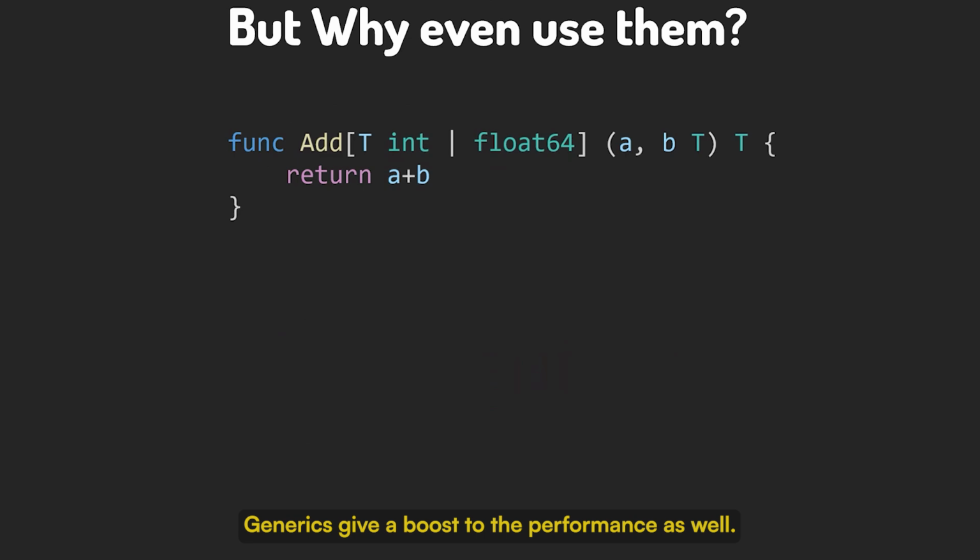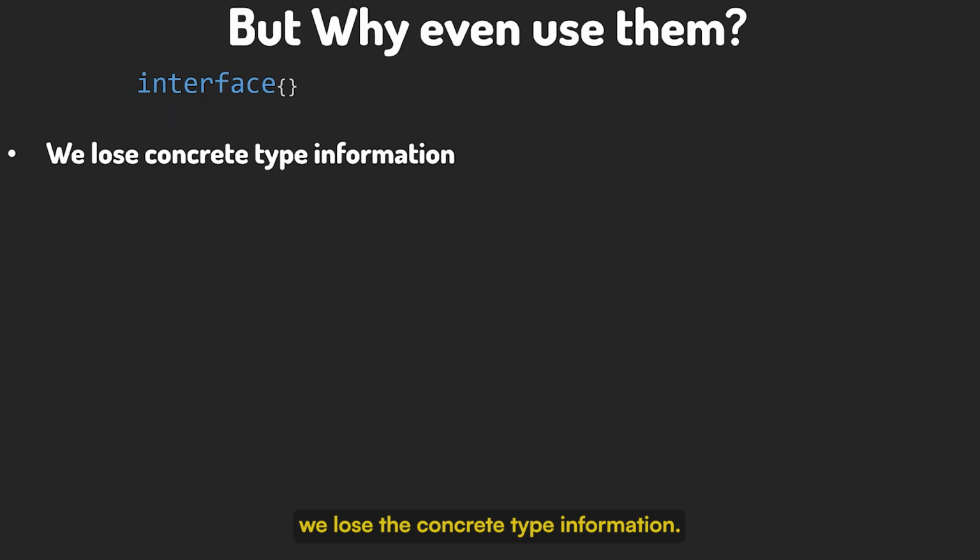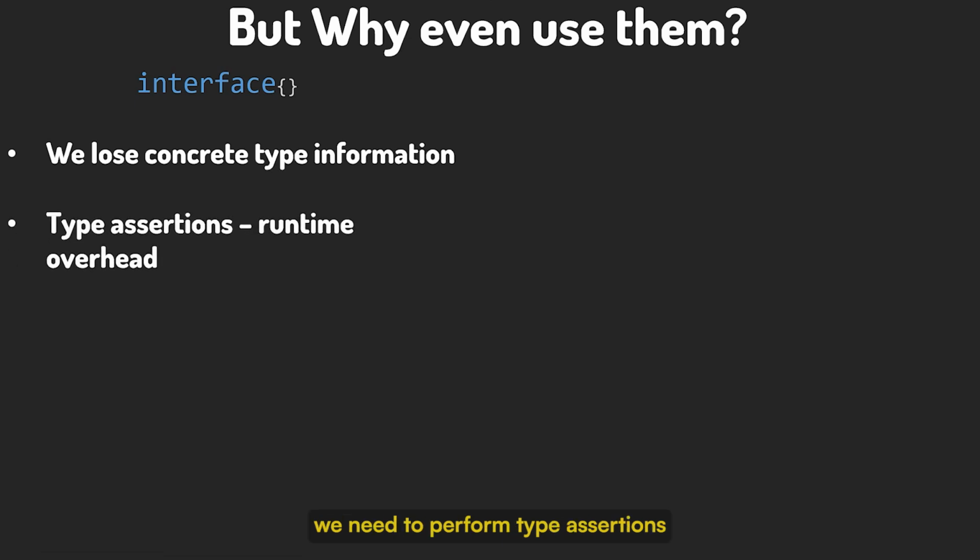Generics give a boost to the performance as well when we compare similar implementations using empty interfaces. Because when we store values of any type in an empty interface, we lose the concrete type information. Also, to perform operations on variables returned as empty interface types, we need to perform type assertions which introduce runtime overhead.